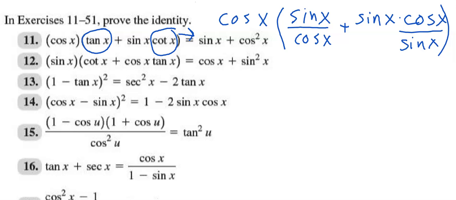Working together as a team. Okay, now keep going. Look for things that cancel. Now, I would hold on to that cosine that's in front. I would wait for that for a quick second.